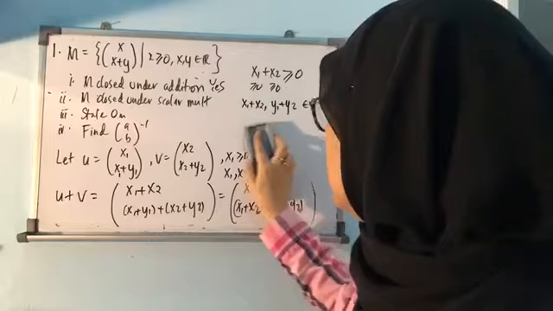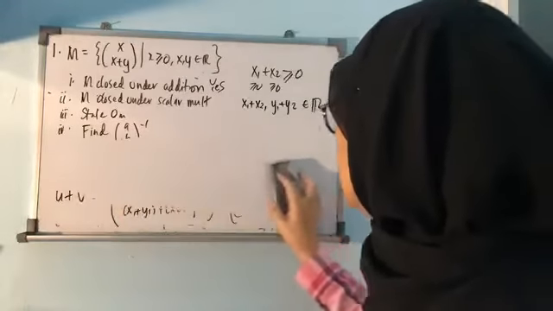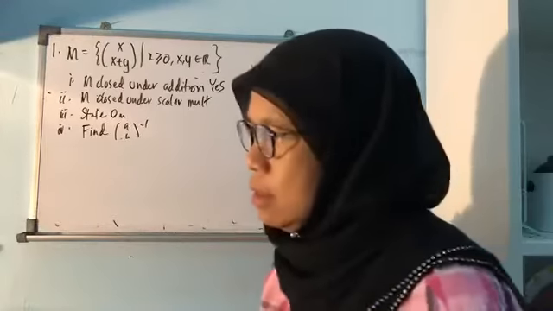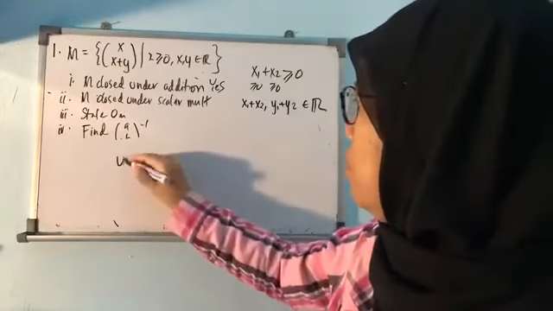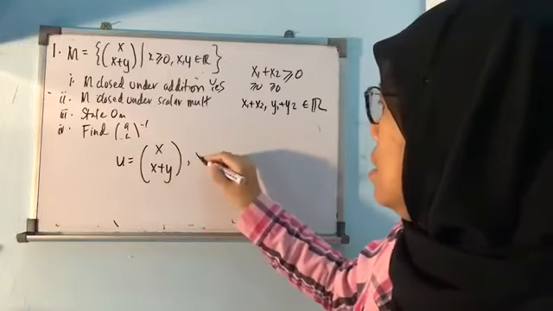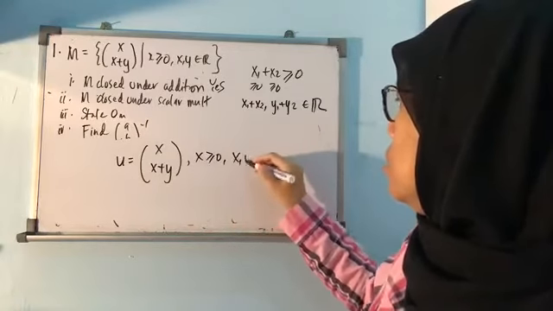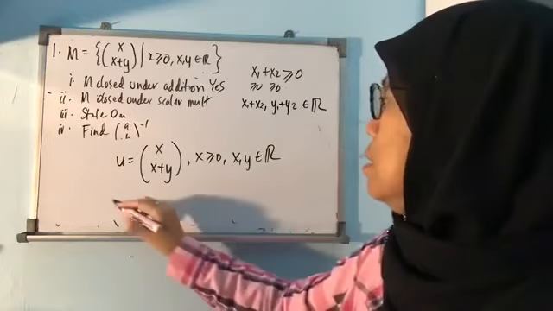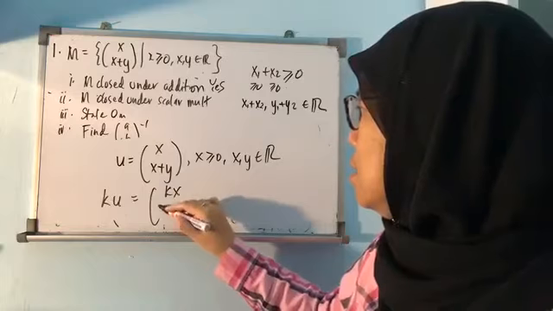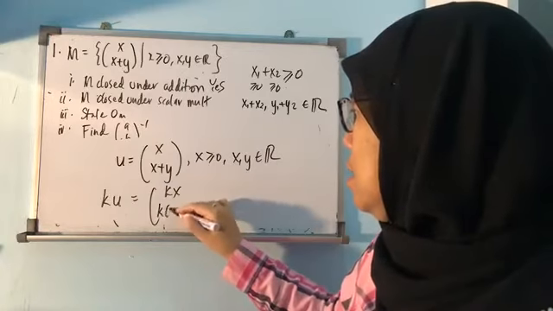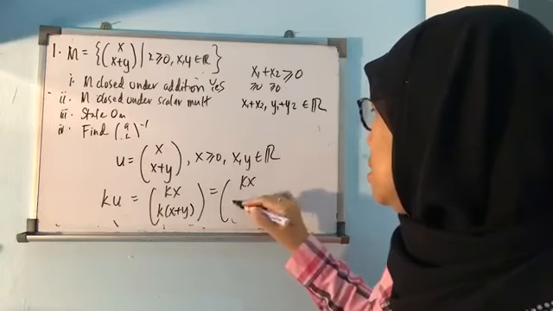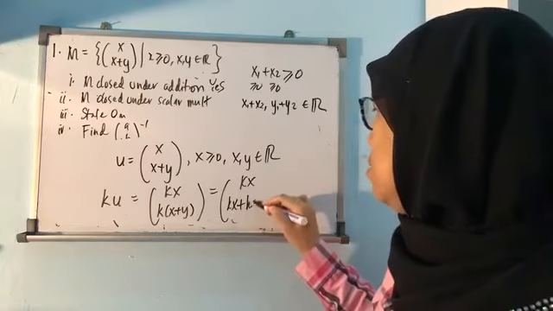Now, is it closed under scalar multiplication? Okay, so if u is x, x plus y, x bigger or equal to 0, x, y in R, ku is kx and kx plus y, right? Which is kx, kx plus ky.